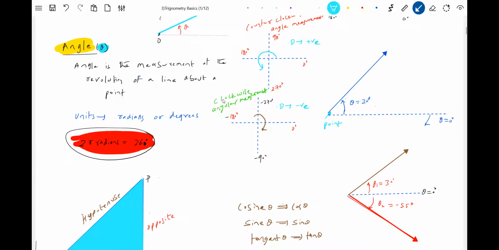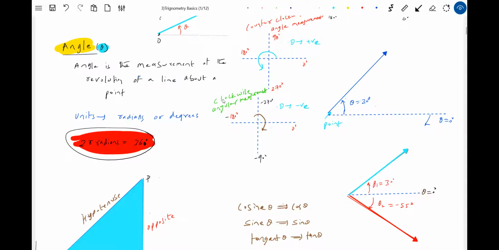Then this is along 0 degrees. So I'm going to rotate it. How much is it now? It has become plus 30 degrees. The angular measurement counterclockwise is positive, clockwise should be negative. So in this way, we express that angle. And this theta equals 0 degree line, the reference line, is very important for us.